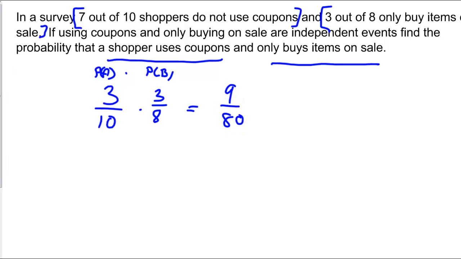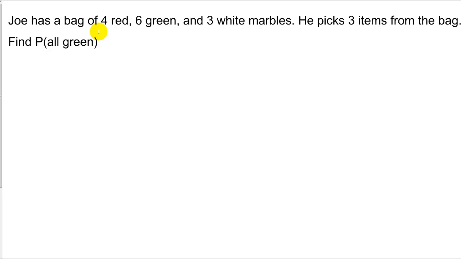And that's our probability. So in this next problem, we have a person with a bag of marbles, 4 red, 6 green, and 3 white. You pick 3 items from the bag. We want to find the probability that all those 3 items are green marbles. So basically, this is a combination type problem because it doesn't really matter what order you pick things in. You're just reaching in and picking out 3 things that are going to all be green in this case.